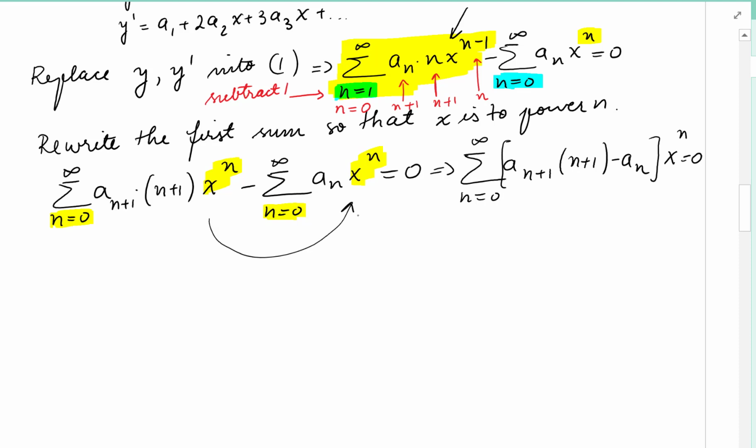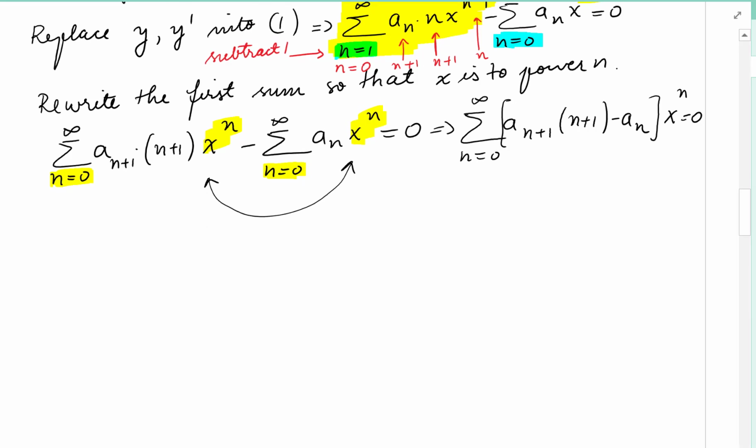I factor out the x to the n, but we were allowed to do that just because x was to the same power. We were allowed to do that just because n started at the same value. Now, remember, we learned a property called power series vanishing on an interval: if you have a power series equal to 0 for all x in the open interval, then each coefficient is going to equal 0.